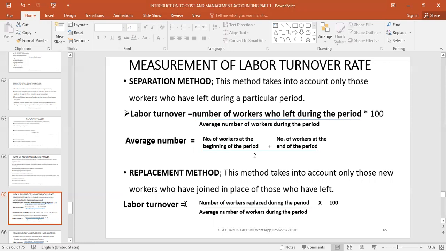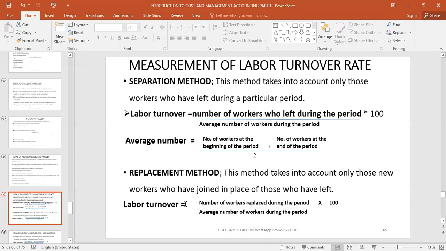The average number of workers during the period is found by comparing the number of workers at the beginning of the period and those at the end of the period, then dividing by 2 after summing them up.